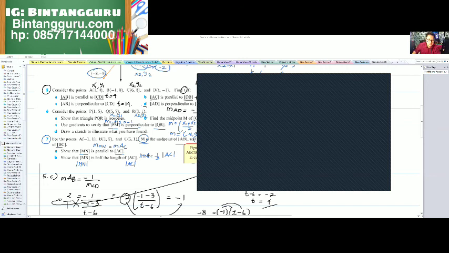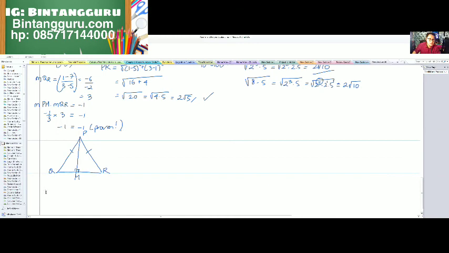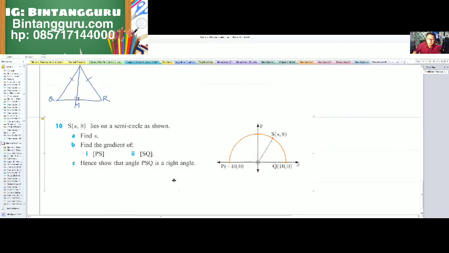Okay, so this is in your syllabus. We have a semicircle. S and 8 lie on the semicircle.